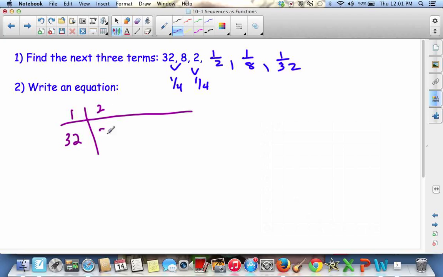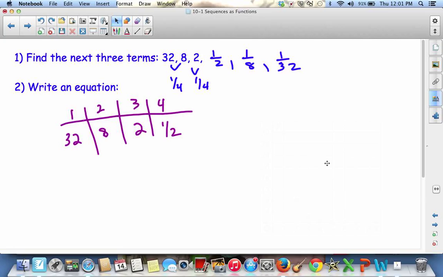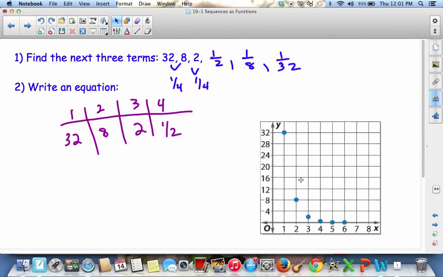The second one is 8. The third one is 2. The fourth one is 1/2, and so on. So to make an equation out of this, it might be helpful to see what the graph looks like, and then we might be able to discover what kind of equation we're looking for. This looks pretty familiar, doesn't it?